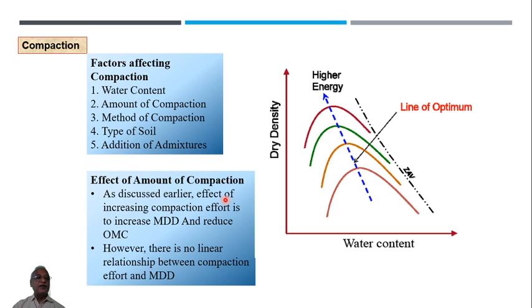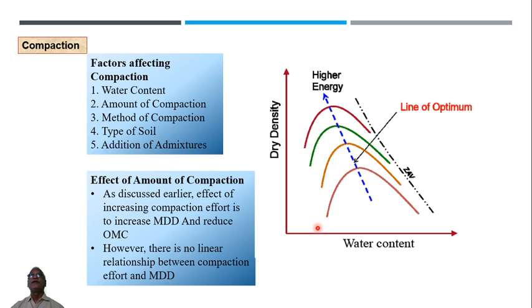As discussed earlier, the effect of increasing compaction effort is to increase MDD, that is maximum dry density, and a reduction in the OMC. You can just see here this brown line, if you take, it will have one amount of energy. Now, as I have told you, in the standard Proctor test we put 3 layers in compaction.